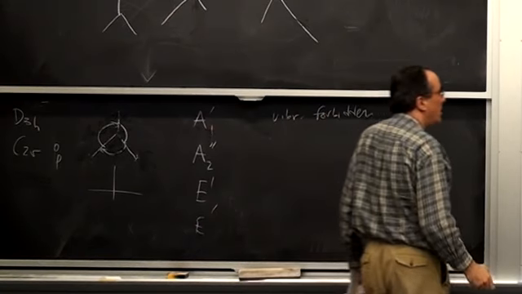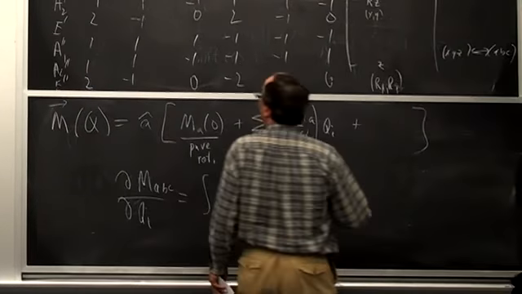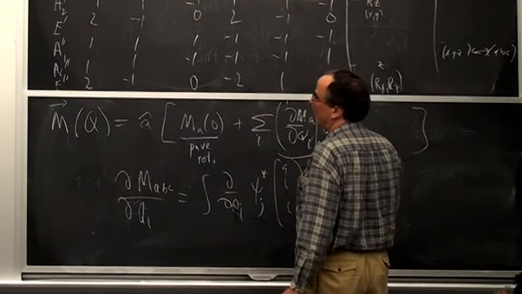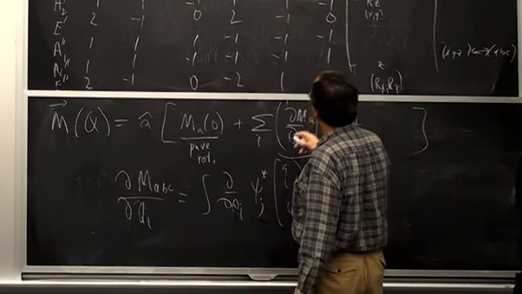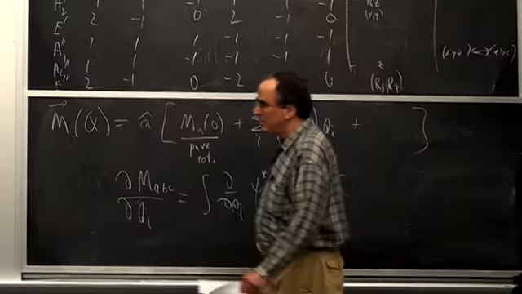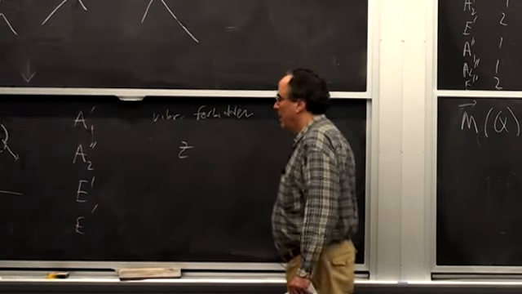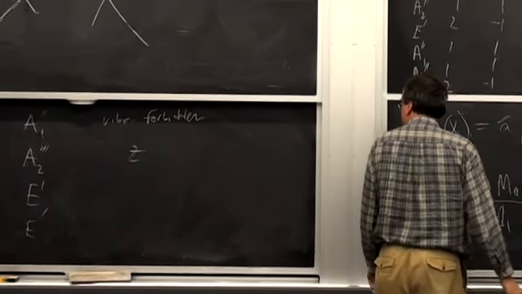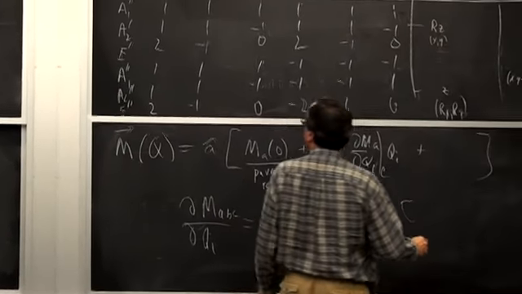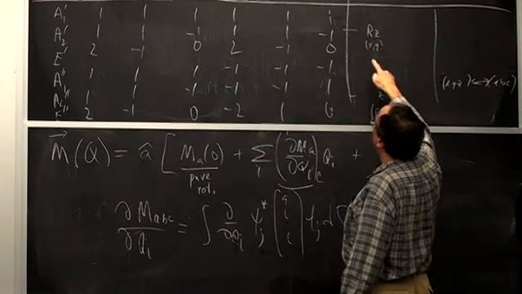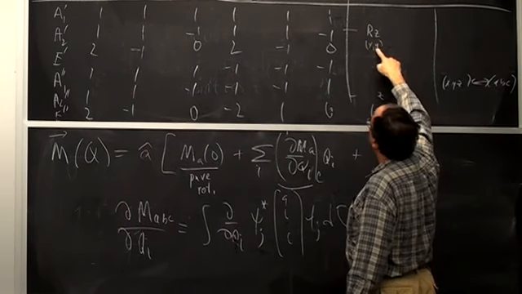This one is A2 double prime, that's z. So that is going to appear. And E prime is here, and that's xy.